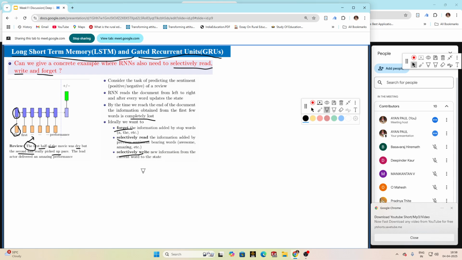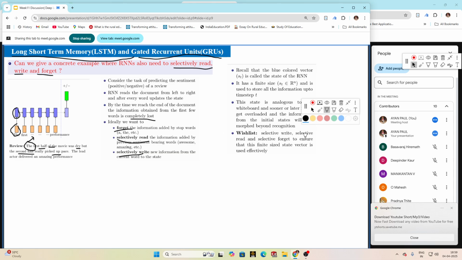Last, we need to combine everything and think. So first, we forget the stop words that are not necessary. Second, we selectively read only the words that are of importance. And last, we combine the different words and selectively write our output. By this, we can reach our output. So this is the analogy of selectively read, write and forget in an RNN.